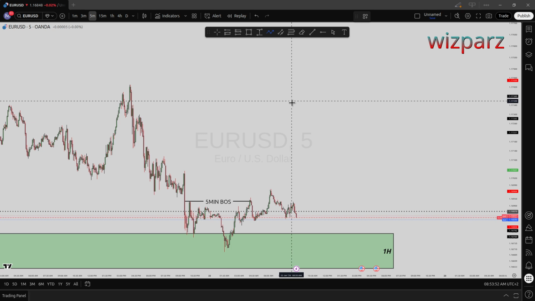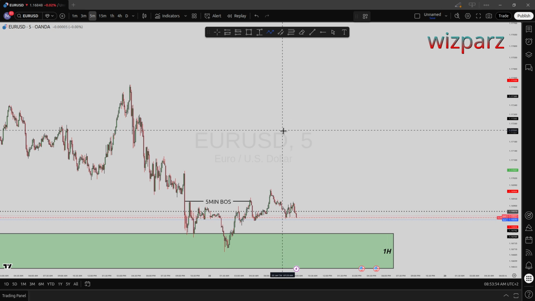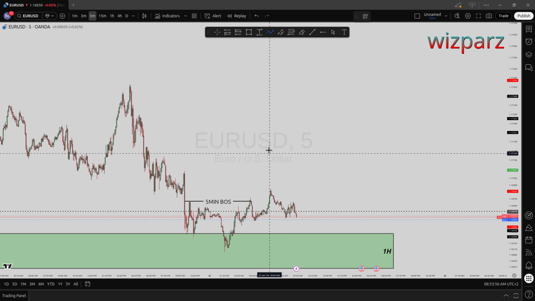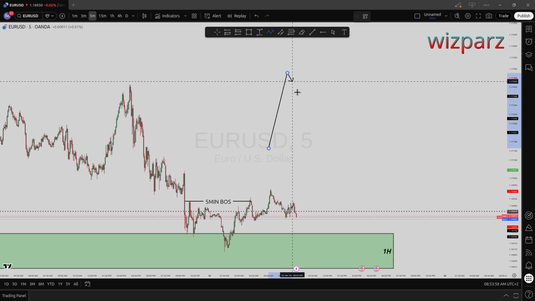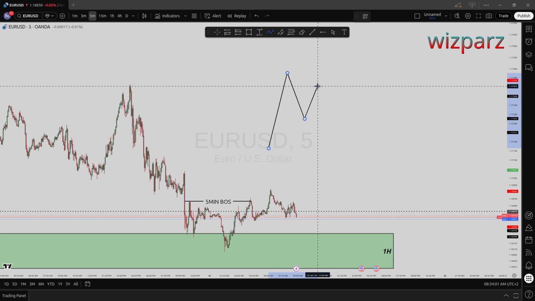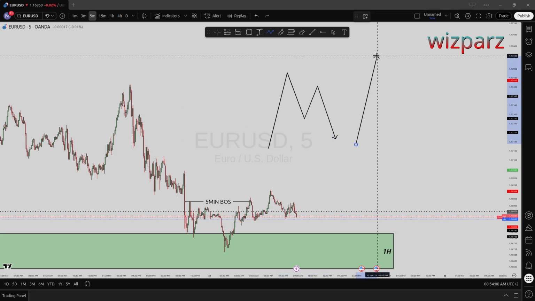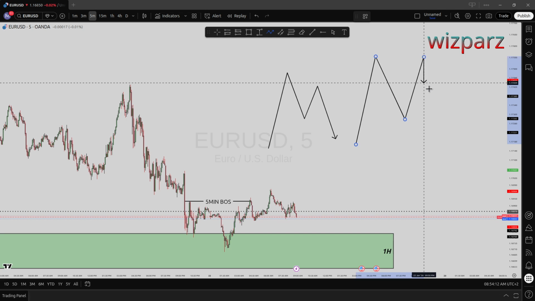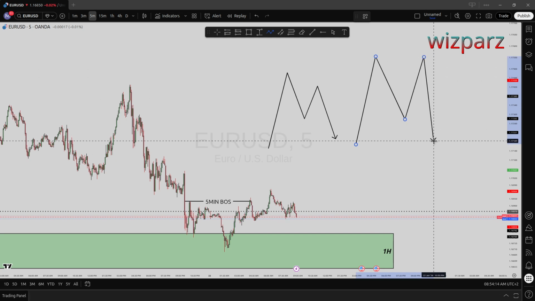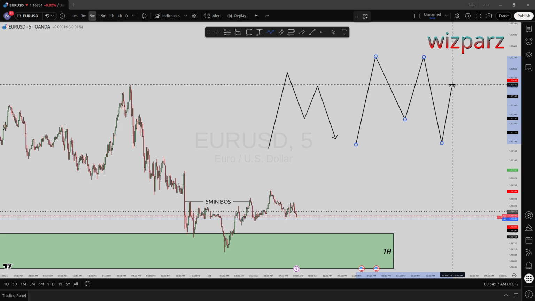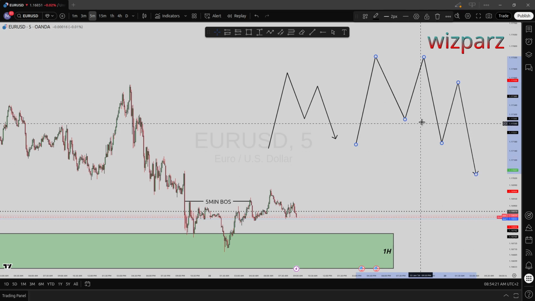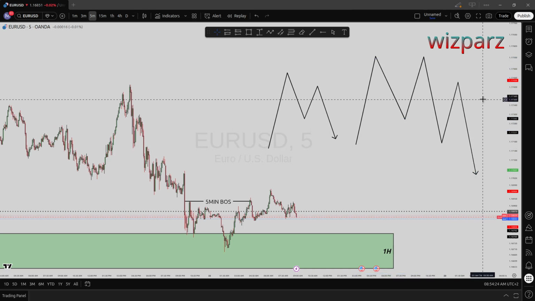If I say change of character, there are 4 confirmations I look for. Either price comes back and then fails to make higher high, this is the first confirmation, and second, price comes back and fails to make higher high and makes equal high, then breaks last low, and then double break, break 1, break 2, then entry here.